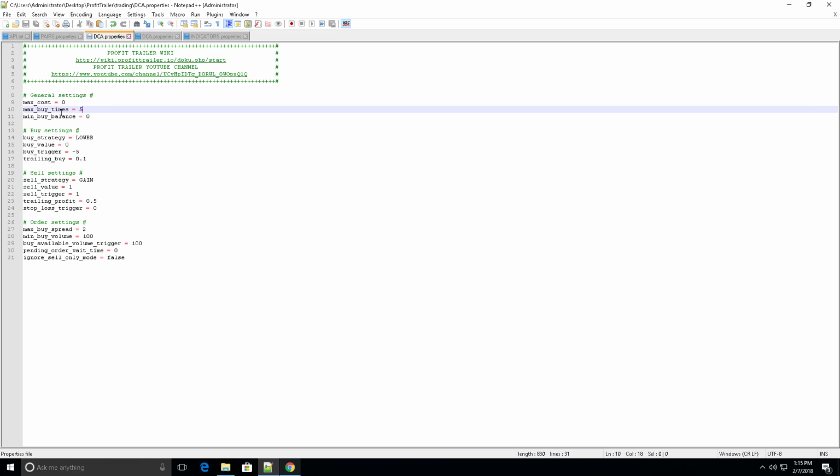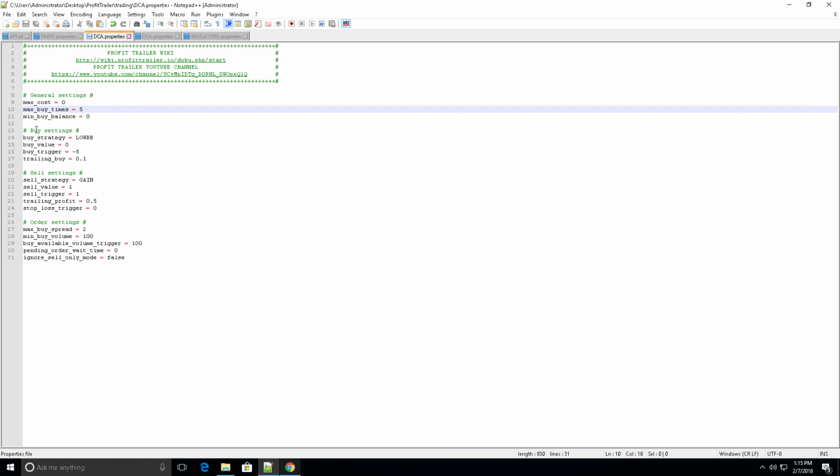Max buy times is the maximum number of times that you allow ProfitTrailer to double down on a bet. Min buy balance is the same as the one you see in the pairs properties file, basically your reserve funds.